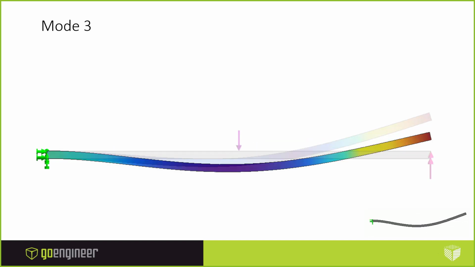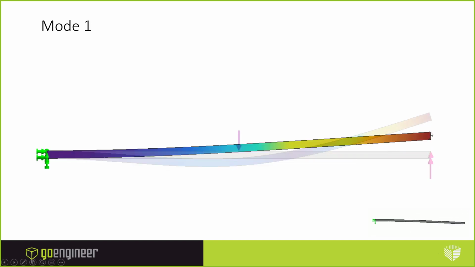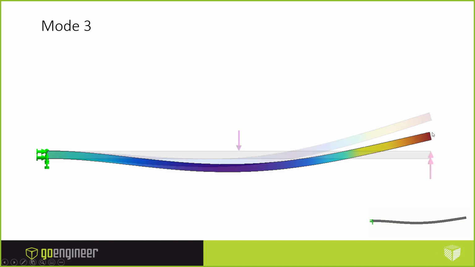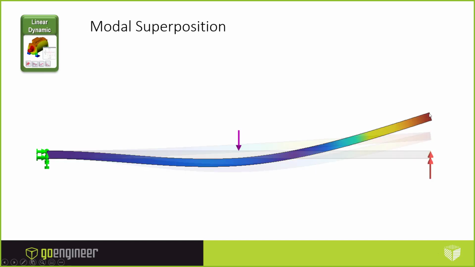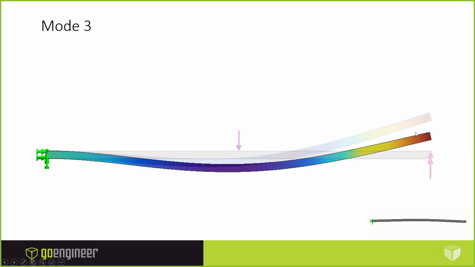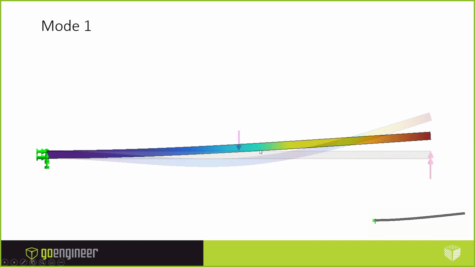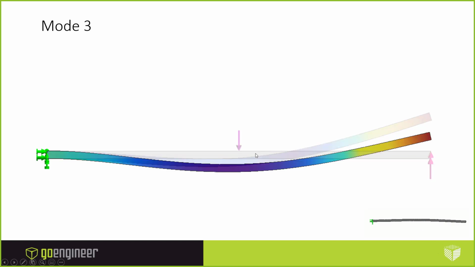Okay, and you can kind of see how this addition would work. You look in the end here. If I add mode 1 to mode 3, if I add these two displacements together, I'm going to get a displacement twice as big. But let's take one more point in the middle here. Here's mode 1 again. Mode 1 looks like right about here it displaces upward by about the thickness. And if I look at mode 3, it displaces downward by about 2 times the thickness.